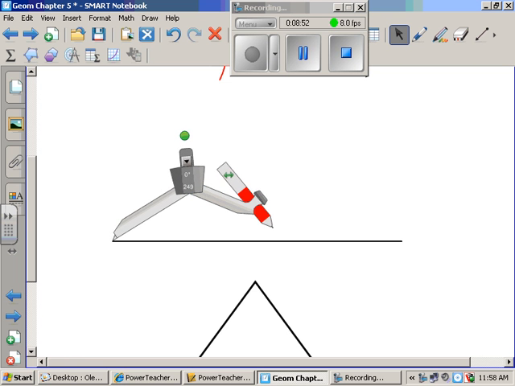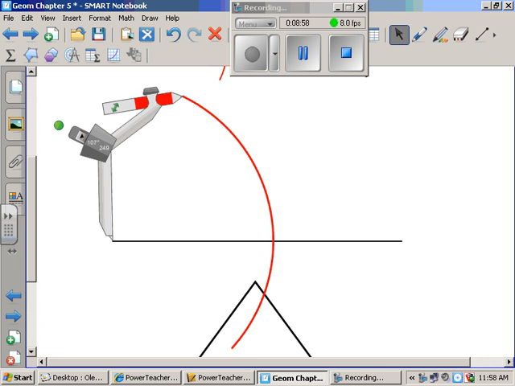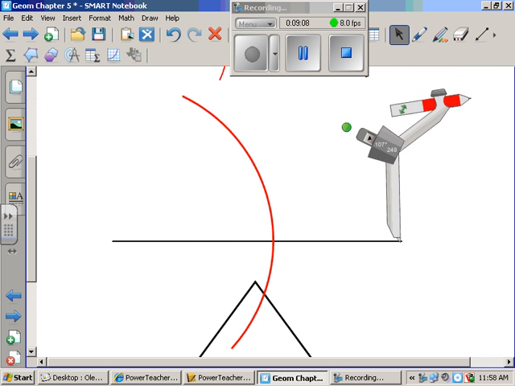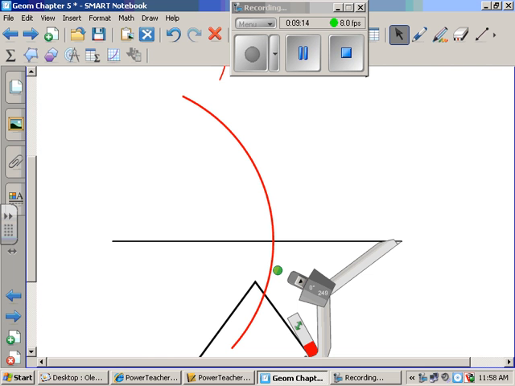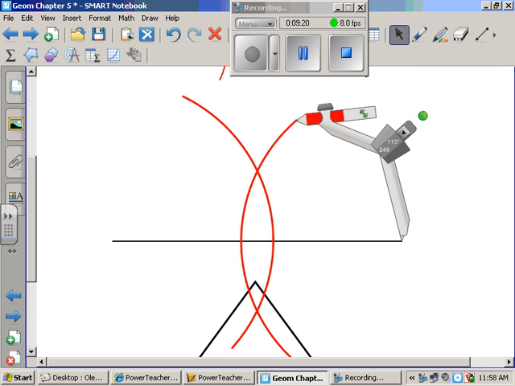Okay, this is going to be a hard one. So this is more than halfway, and then I make a big giant arc. Okay, now leaving the compass open the exact same amount, I put the pointy end on this end. Okay, I flip it. Let's see, I can't remember how to flip it. Okay, and I make another arc like that.